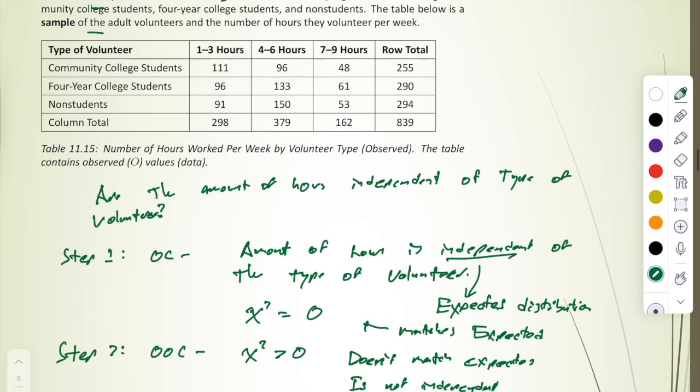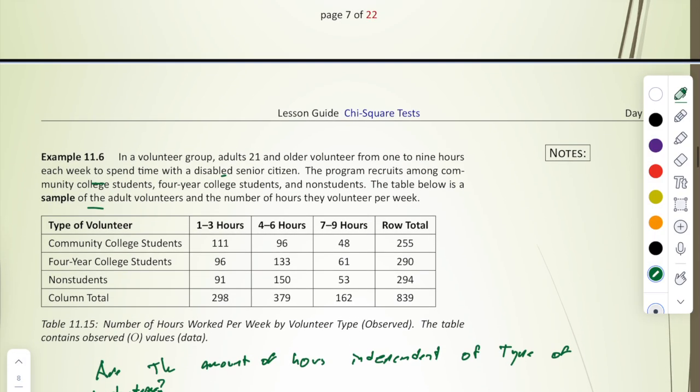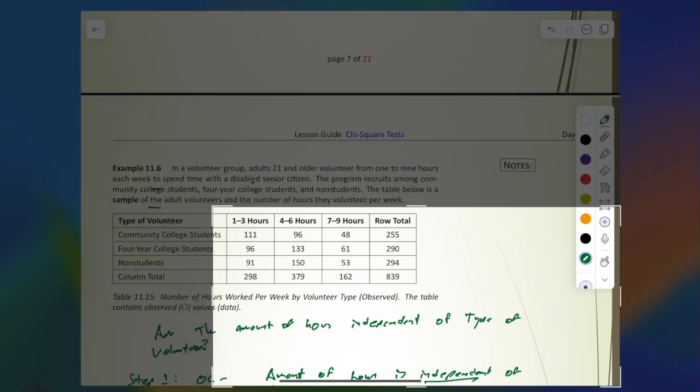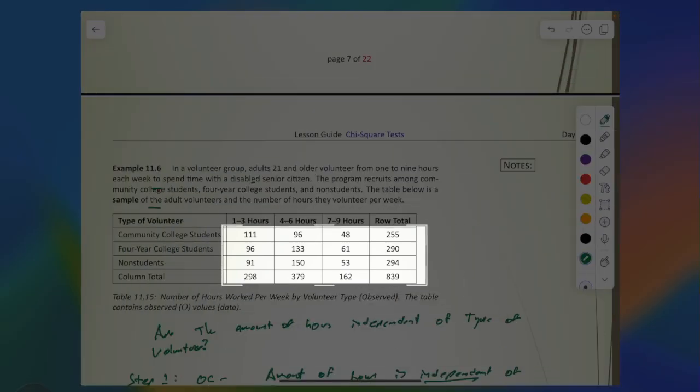Off to Excel. But before we do, we need to get our numbers. So here I go. I'm going to screenshot. I'm going to come over here, and I'm going to try and grab these numbers right here. Really, it's just these I'm looking for.